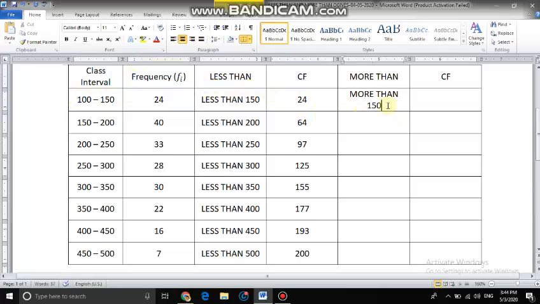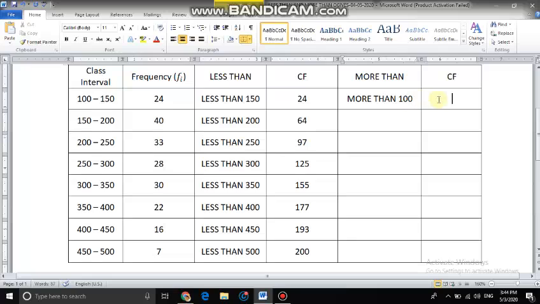So that's why instead of more than 150, here I have to use more than 100. So more than 100, how many are there? Now this is tricky. More than 100, how many are there? Everyone is spending more than 100 only, right? From the first 100 rupees to 500, everyone is more than 100 only. So a total of 200 persons are spending more than 100.